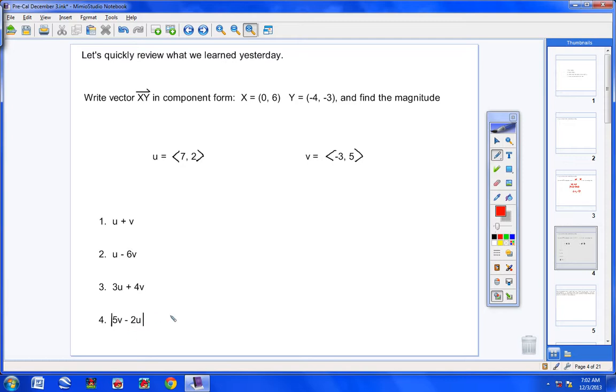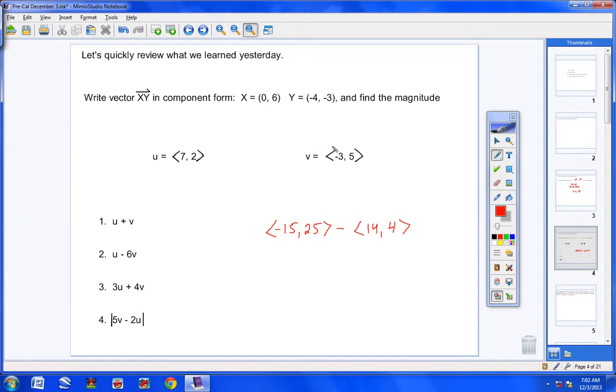And then last but not least, we looked at this right here. And that's where I will quickly work this one out. You take 5 times v, and 5 times v would be -15, 25. And then 2 times u, so minus, and then 2 times u would be 14 and 4. Do you see what I did?